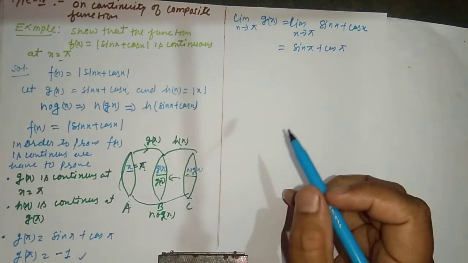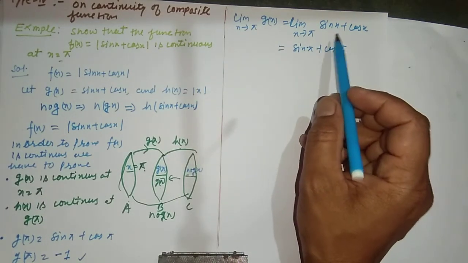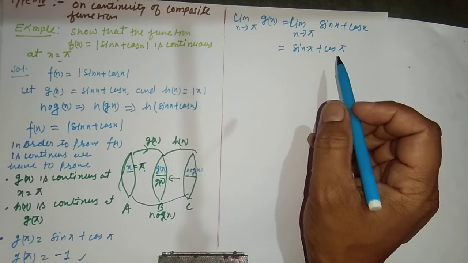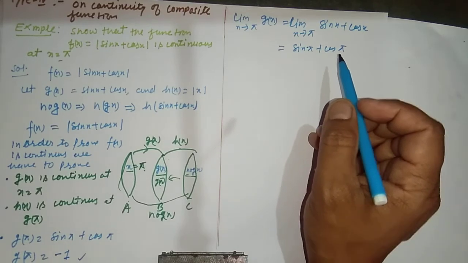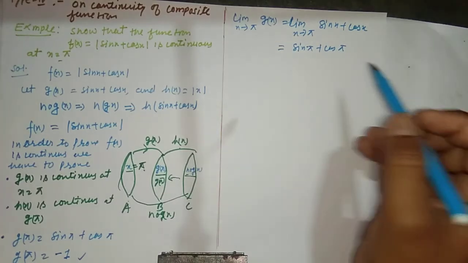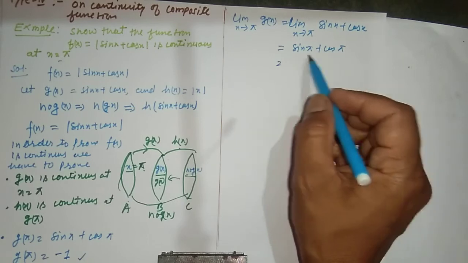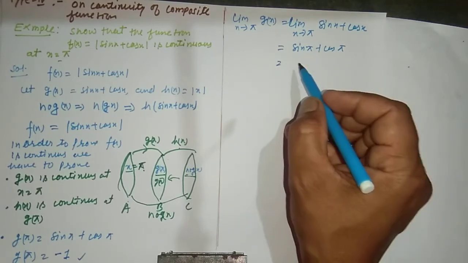Now you can ask a question, sir, why was there no need to prove the left hand side and right hand side? Because we know that the sine function is a continuous function. Clear? We will discuss this later on. But sin π plus cos π, so sin π is 0 and cos π is -1.